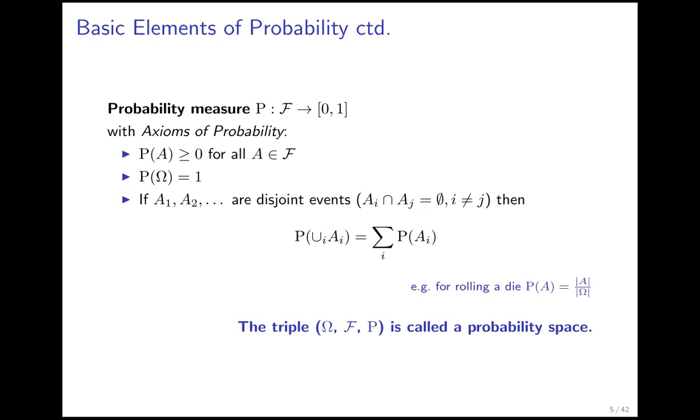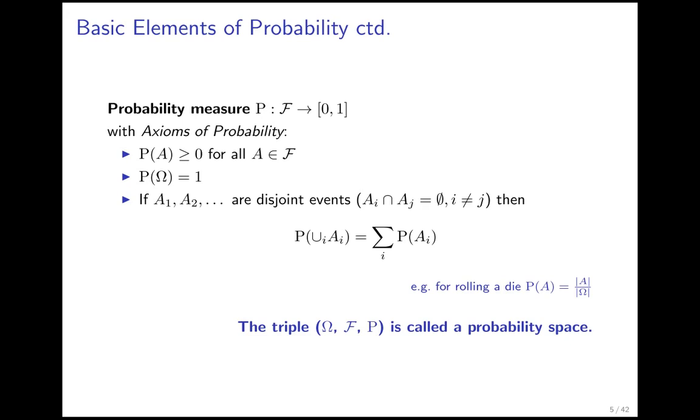If we take a die and the event A1 is again the event that the die outcome is even, and the event A2 is the event that the die outcome is odd, then obviously these two, they are disjoint. And then we can calculate the probability of A1 union A2 by summing up the probabilities of the individual events.